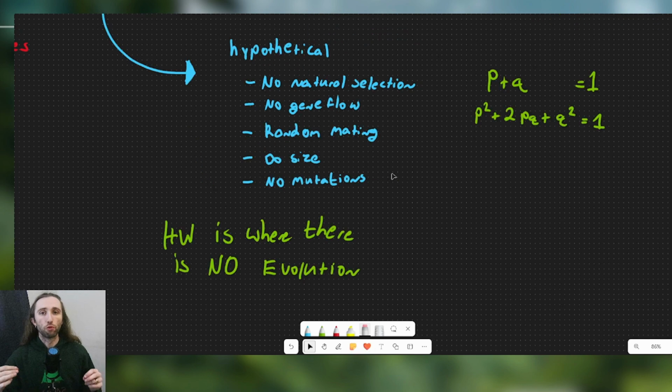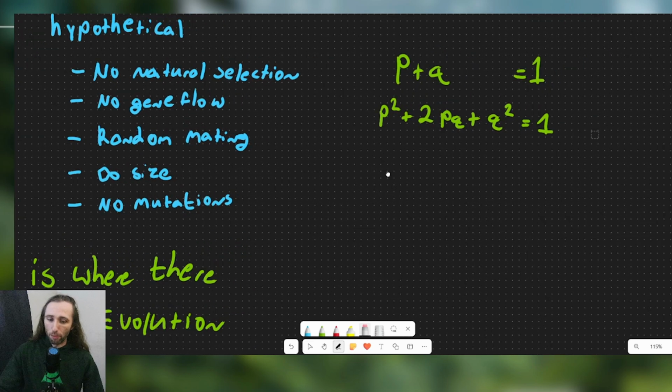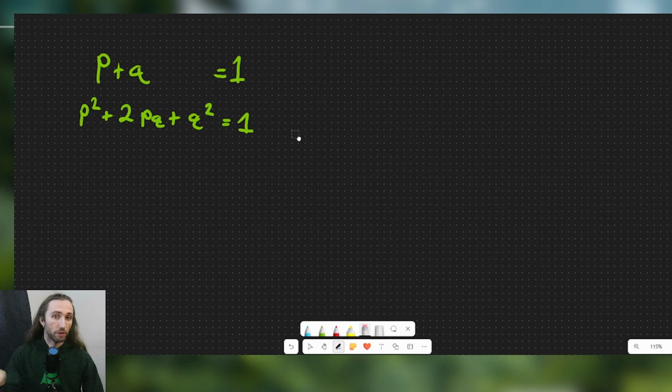Hardy Weinberg is what we expect to see in a population that is not undergoing evolution. And those expectations are captured in this math here, P plus Q equals 1 and P squared plus 2PQ plus Q squared equals 1. These often confuse people, especially when they're first starting out in their evolutionary biology journey.